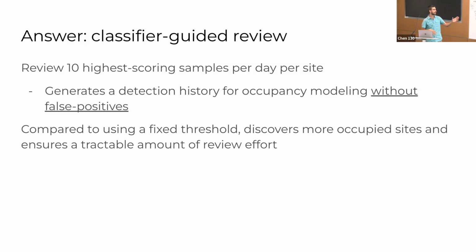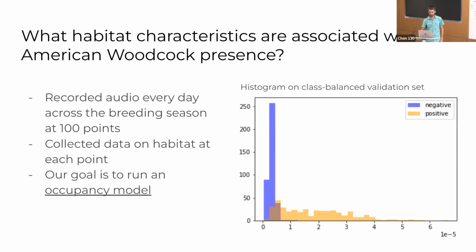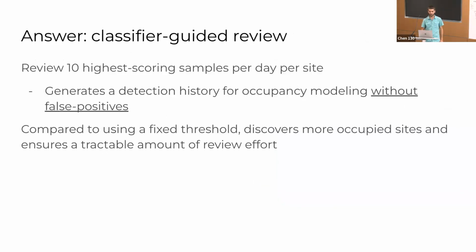You can imagine if you have 5,000 scores on some site and you just review the top 5 scoring ones, then if the site is occupied, you're going to hear the thing right away. You're going to find what you're looking for right away because you're just looking at the very highest scoring samples for that site in that time period. And you can repeat that across sites.